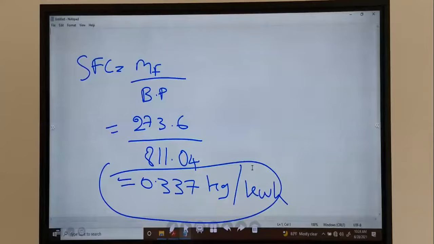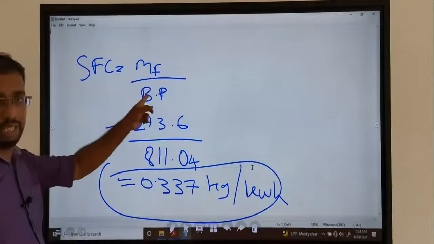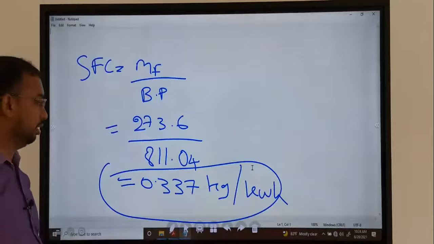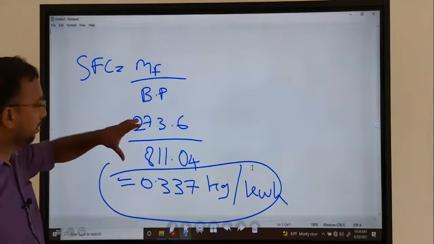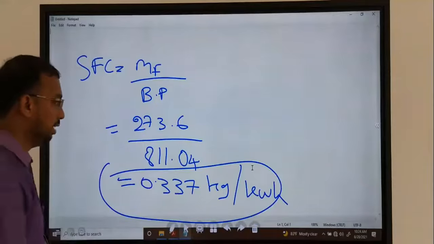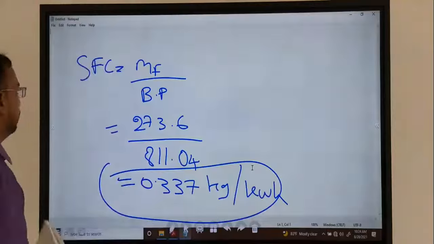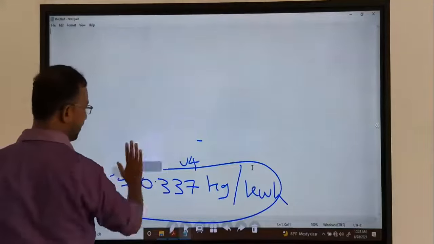So when we use this equation, we must carefully understand what units are used here. After we use these unit values, we can find the standard unit. These kinds of questions you can expect in the exams.